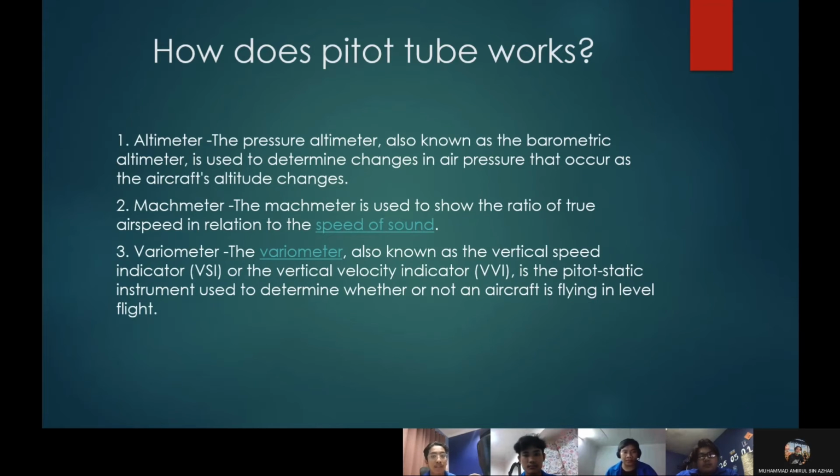The Mach meter, as its name suggests, is used to show the ratio of true airspeed in relation to the speed of sound. And the last one is the barometer, also known as the vertical speed indicator, VSI, or the vertical velocity indicator, VVI, which is the pitot-static instrument used to determine whether or not an aircraft is flying in level flight.